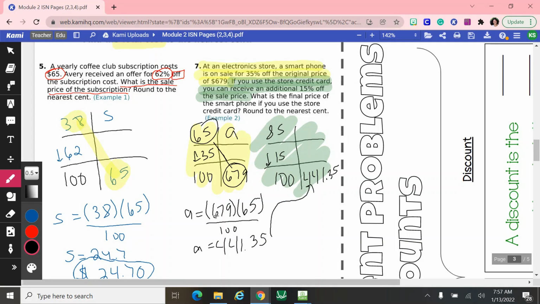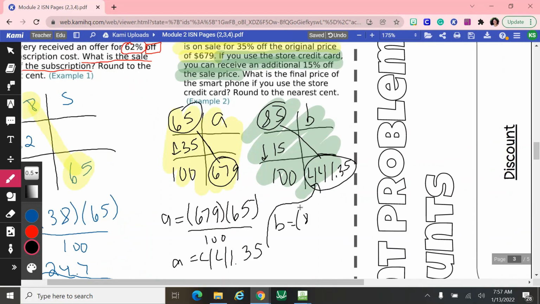So for this second one that we're trying to find, I'm going to use the variable B. So B, to find that, we are going to cross multiply 85 and $441.35, and then divide by 100. So I don't feel like I can write that fantastically small here. Let me zoom in some more.